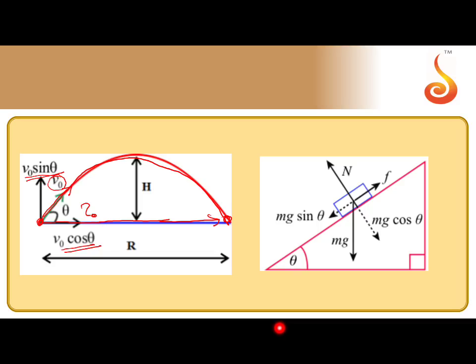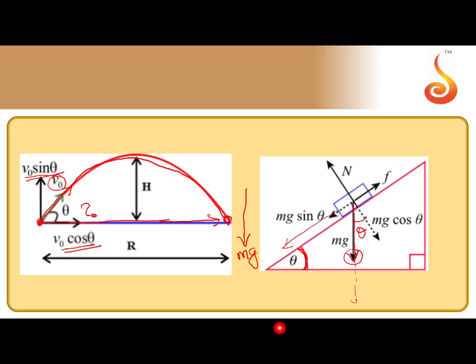In the same way, for a body falling freely under gravity, the force acting on it is m into g. But if the body is sliding down an inclined plane, m into g is acting downwards, but the body doesn't move like this. It is moving in this direction. So what is the weight or acceleration in that direction? To find that, if the inclination of the plane is theta, this angle also will be equal to theta.